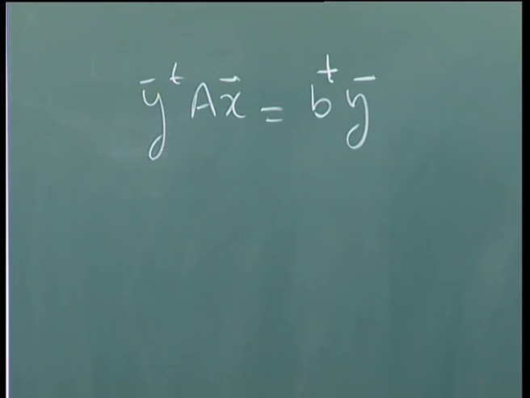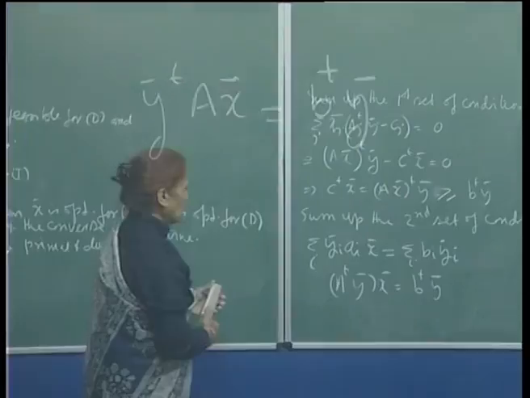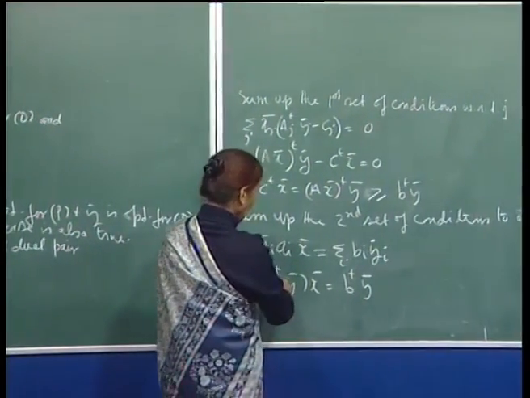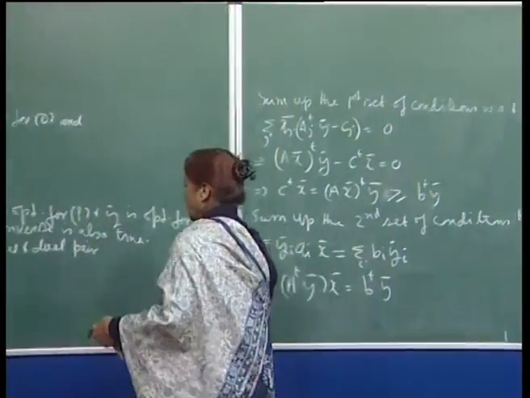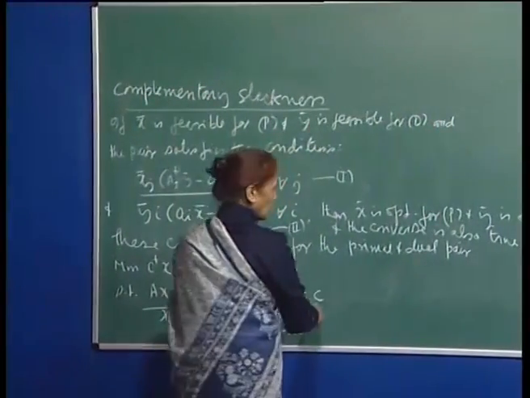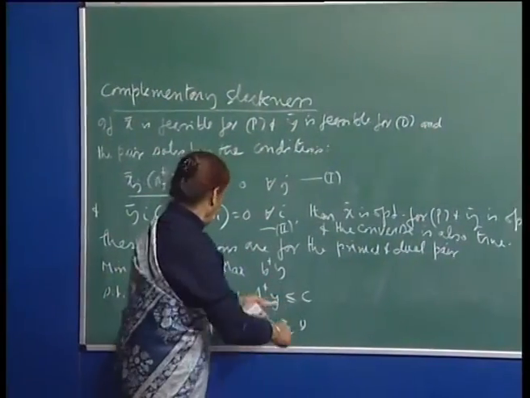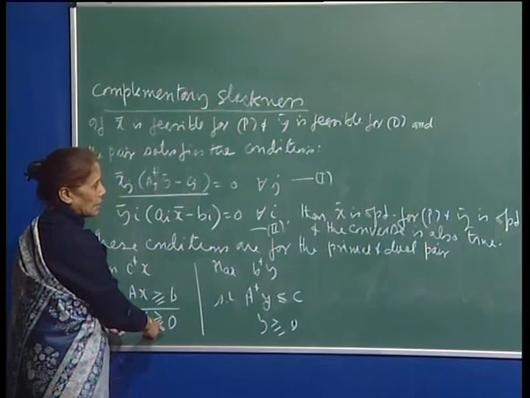So, on the left hand side also now it is a single number, because y bar is 1 by m, A is m by n, and x bar is n by 1. So, the product is 1 by 1. So, right now the equation is valid. Now, these two quantities, so here what you have, A transpose y bar is less than or equal to c, and again all components of x are non-negative.